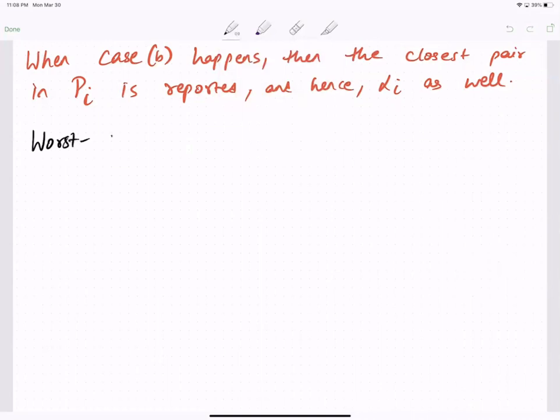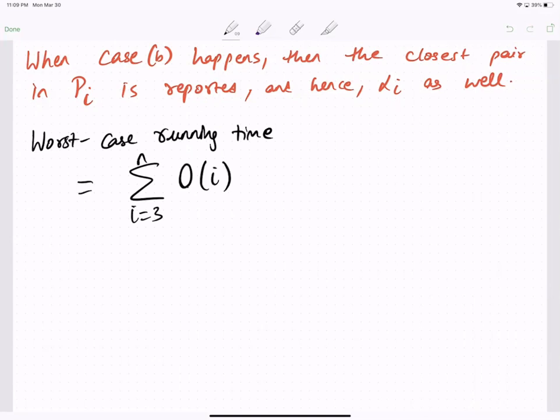So the worst case running time will be the following. You have to rebuild the grid each time. And every time you have to rebuild the grid, there are i points in it.